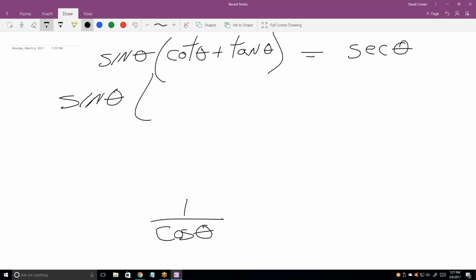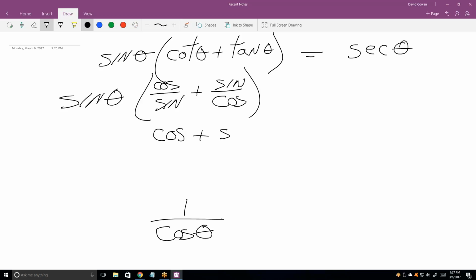So that is cosine over sine plus sine over cosine. Now, let me think for a second. If I distribute that, I get cosine plus sine squared over cosine. Now add those two together. What's the common denominator?